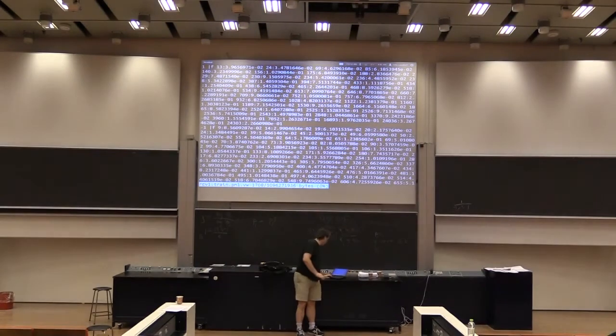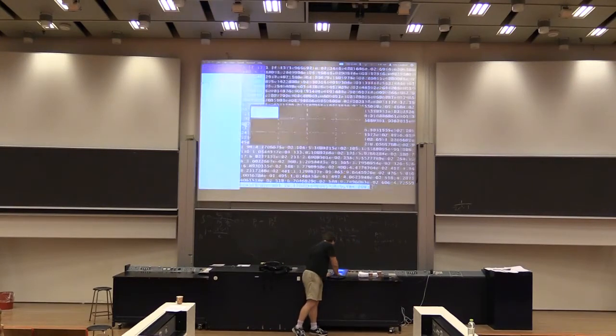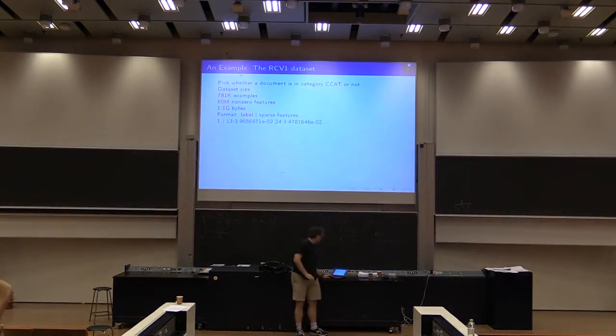Okay, so you have multiple lines. On every line there's a label first, and then you have a set of features. But the features are integers and then some value. So it's a sparse representation of the data set. So this is what a line looks like.